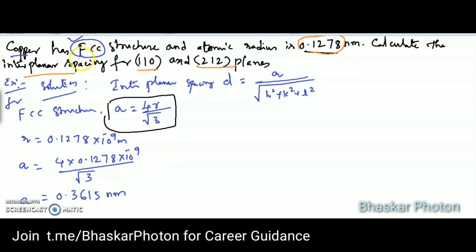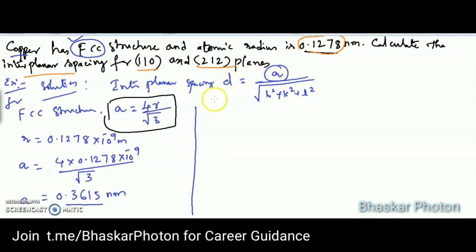Okay, so since we know the formula for interplanar spacing, that is A divided by root of h square plus k square plus L square, and two planes were given, we know the HKL values. Then with the given atomic radius and the given structure, we should be able to find the numerator. So we found that the numerator is 0.3615 nanometers.